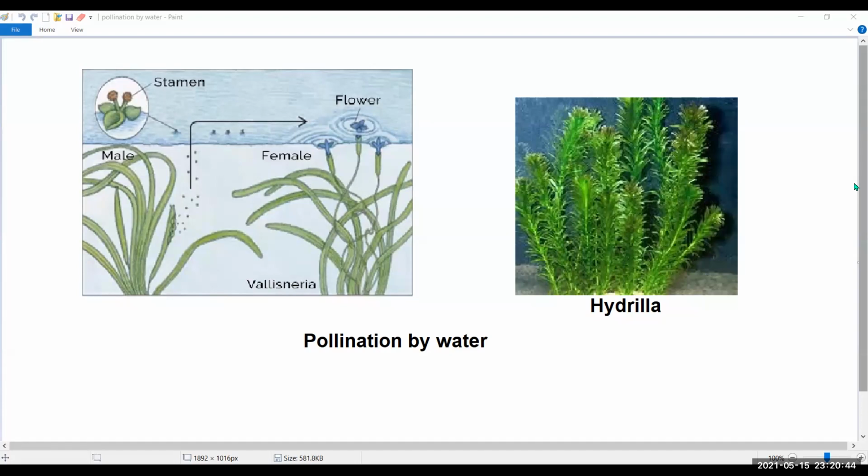The female flower, which has a long stalk, also floats on the surface of water. Pollination occurs when the male flower, moving with the water current, comes in contact with the female flower and the pollen grains are transferred to the stigma.